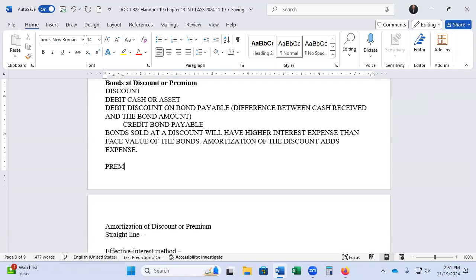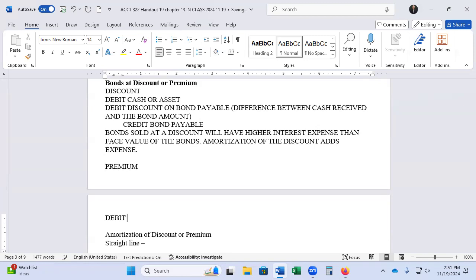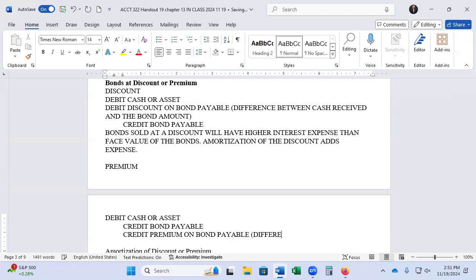Now at a premium, debit cash or asset, credit bond payable, and then credit premium on bond payable, for the difference between cash and bond payable.